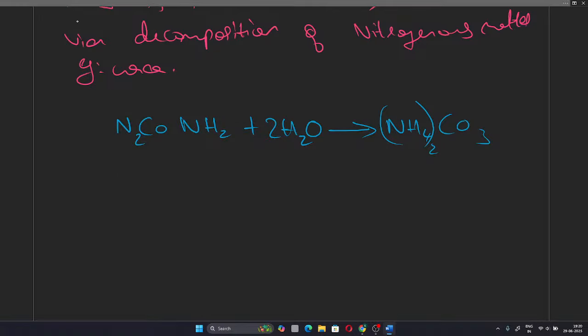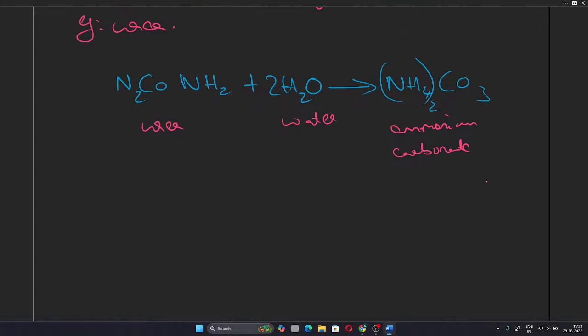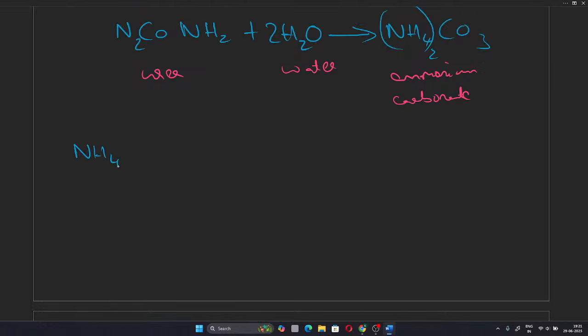This is urea, water, ammonium carbonate, then this will react to give NH3 plus water plus CO2.